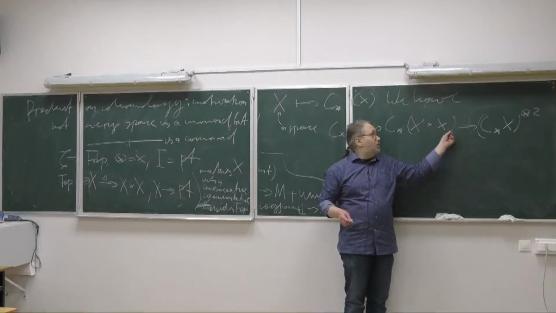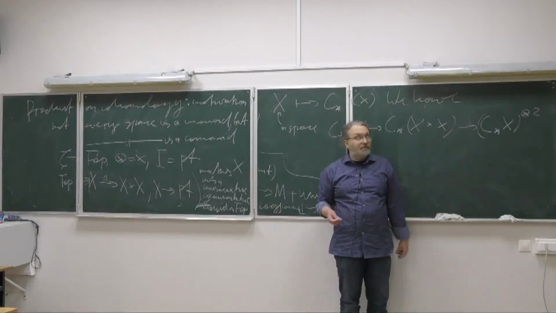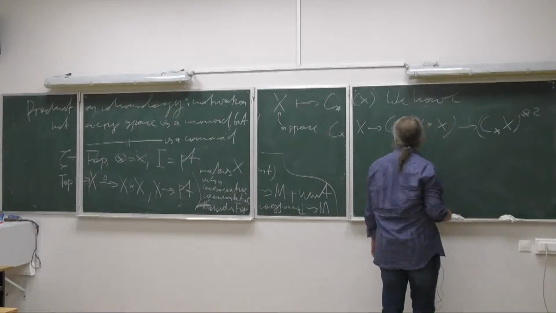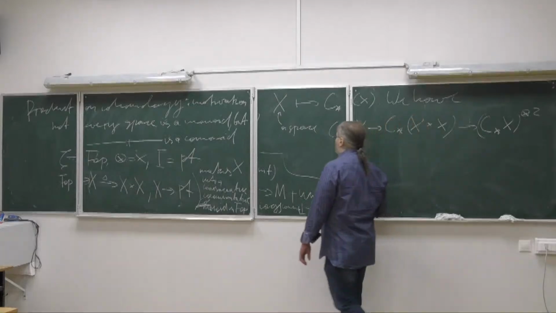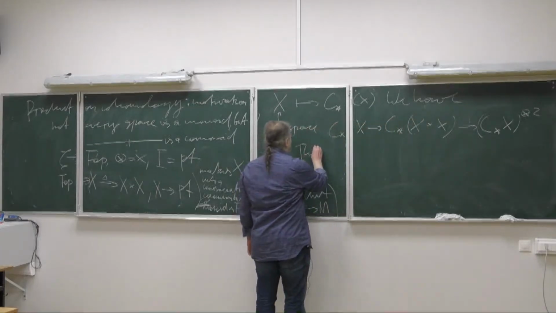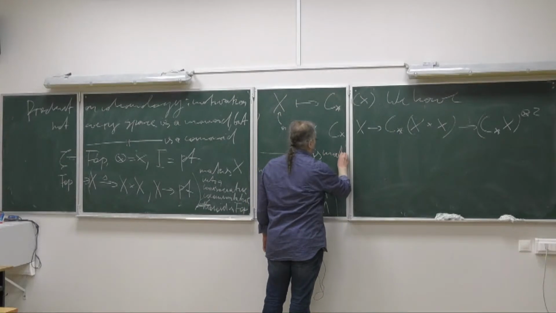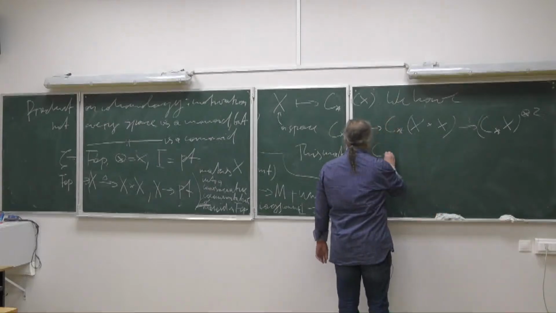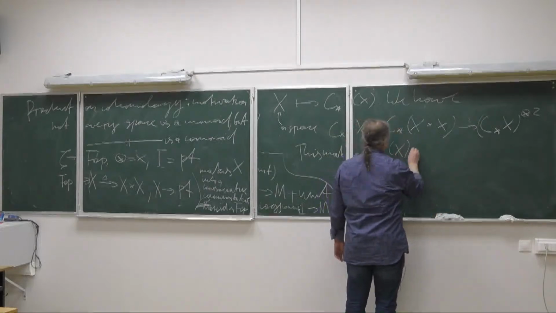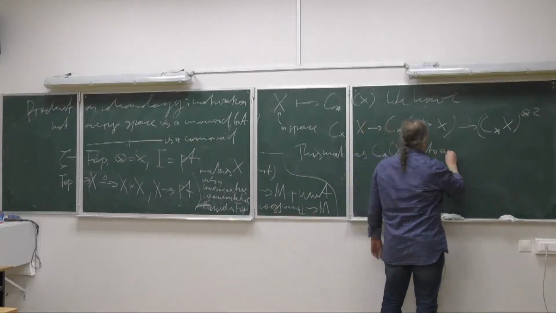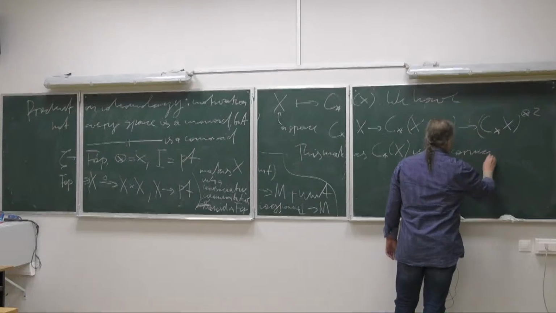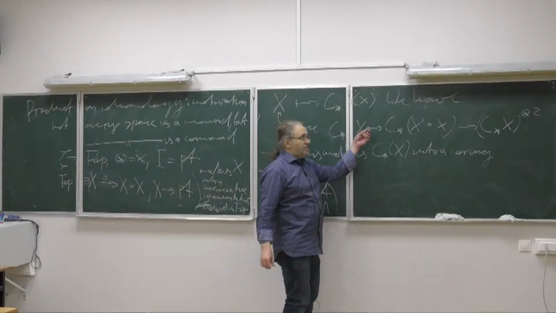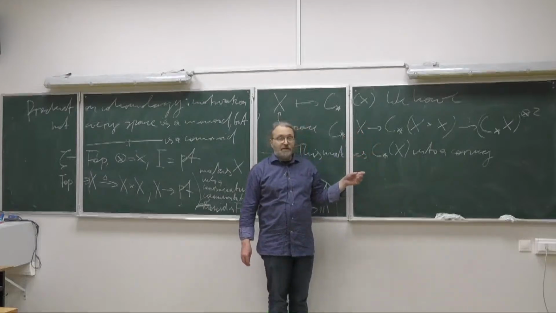We don't know what this map is, but we know it exists. And we get a co-ring structure on the singular chains.